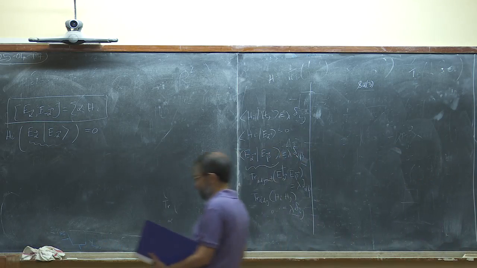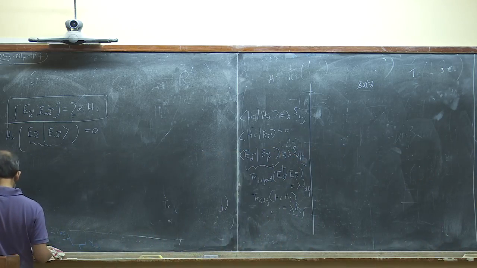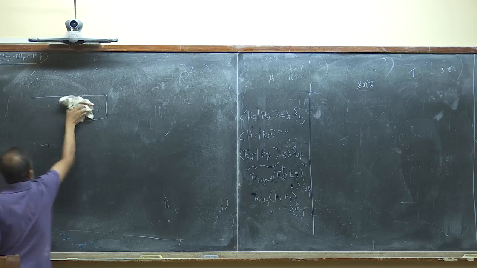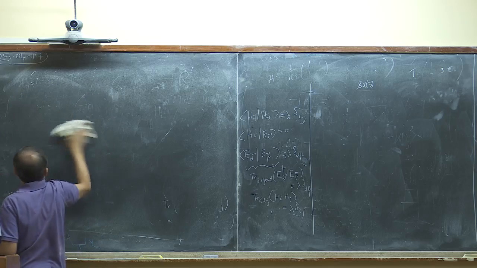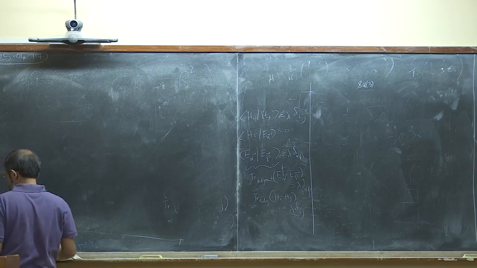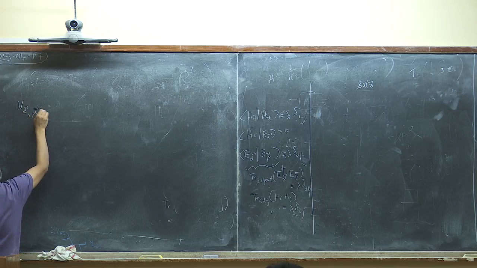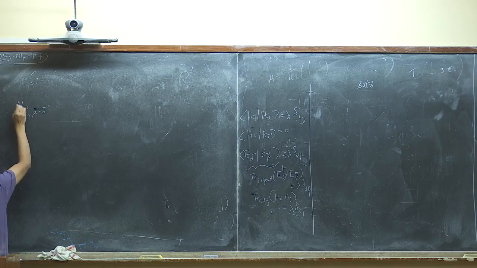Okay, good. So now I'll prove a recursion relation, like the recursion relation that we proved for SU2. So this recursion relation is the following. This is probably the most important result of today.